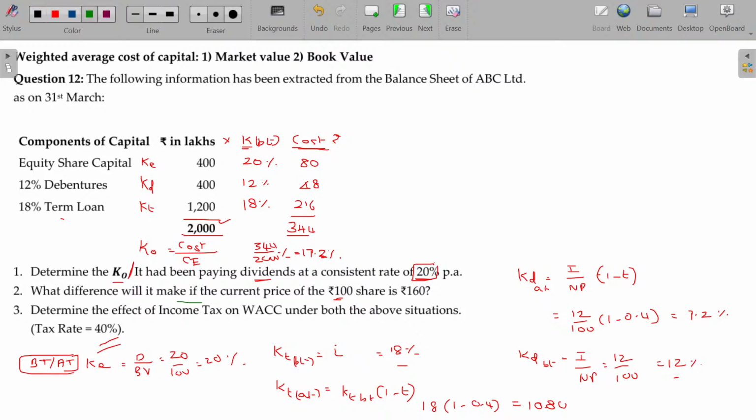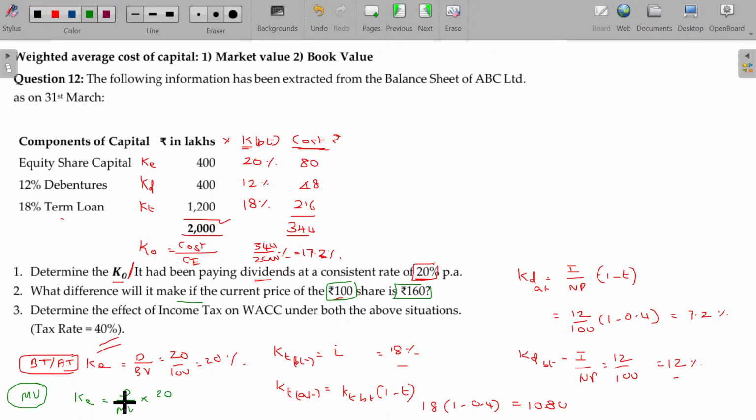What difference will it make if the current price of the rupees 100 share traded in the market is 160? If the market price is 160, then KE in this case is as per the market value approach: dividend per share payable divided by market value, the investors' view. Dividend remains the same, 20.